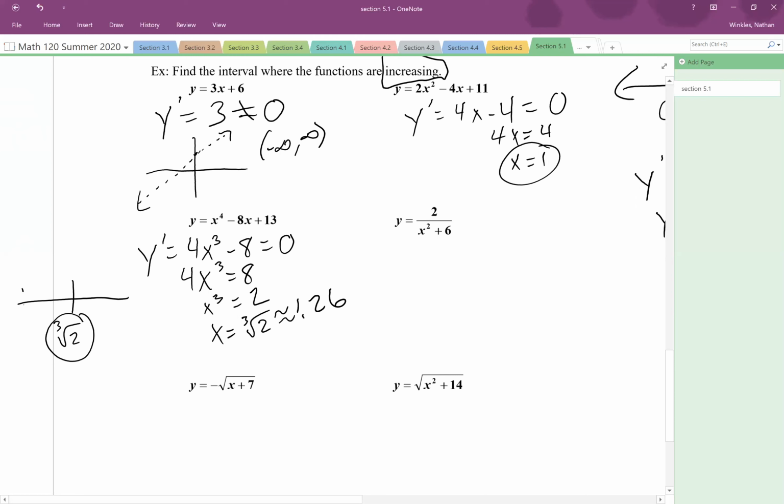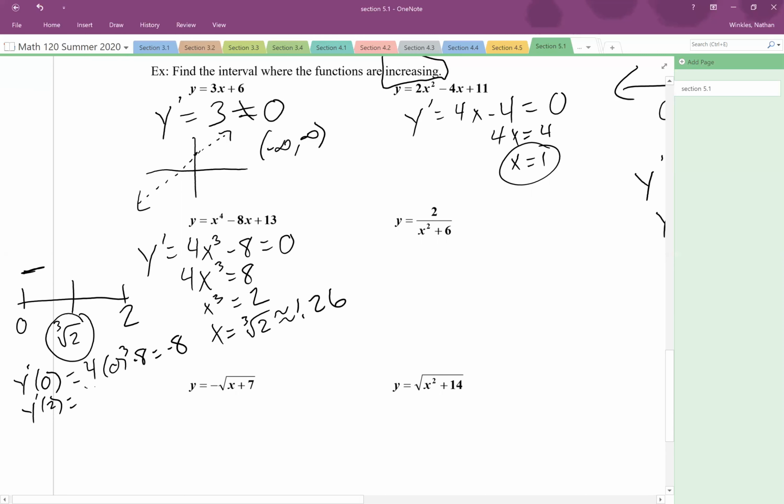So I could again pick 0 and I could pick 2. So we need y prime at 0 and y prime at 2. y prime at 0: 4 times 0 cubed minus 8 gives me negative 8.